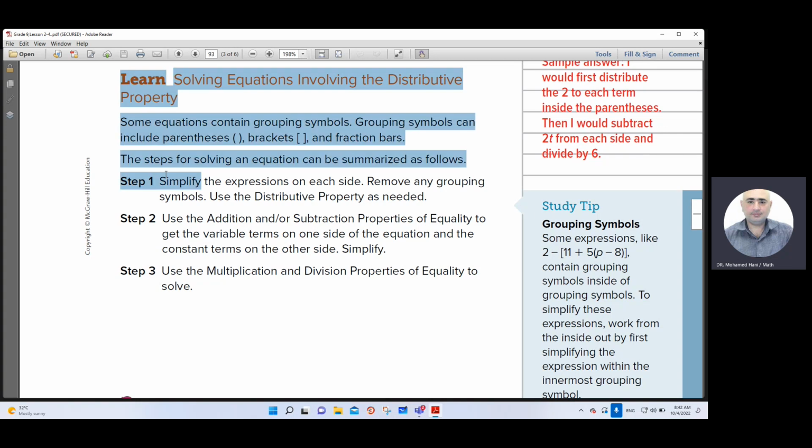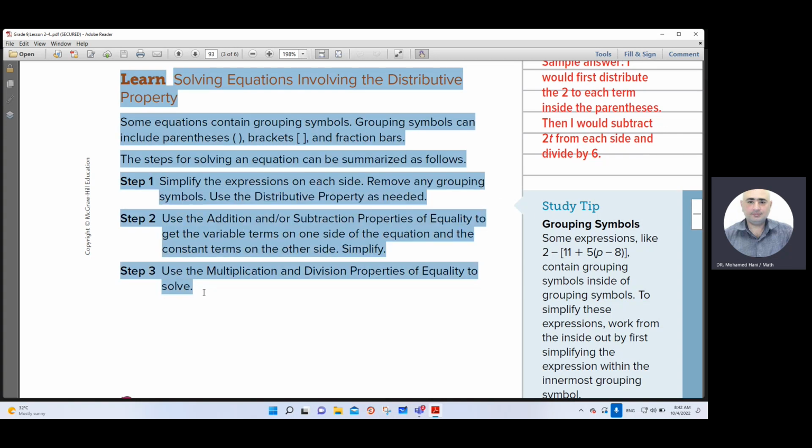I want all of you to write this, it is an important step to solve equations involving the distributive property. Very important to know: when you see this sign, the name of this sign is parentheses, and when you see this sign, the name of this sign is brackets. Brackets, it's different, okay?